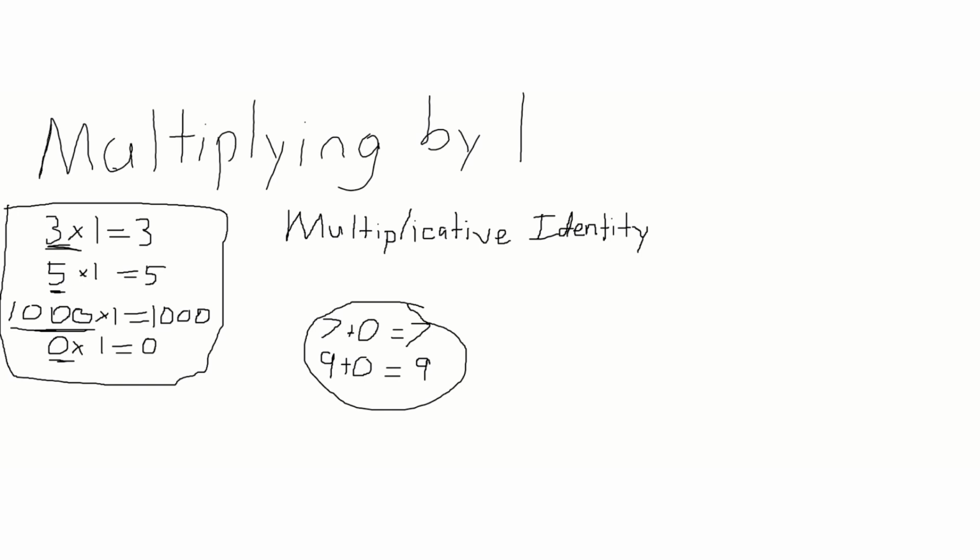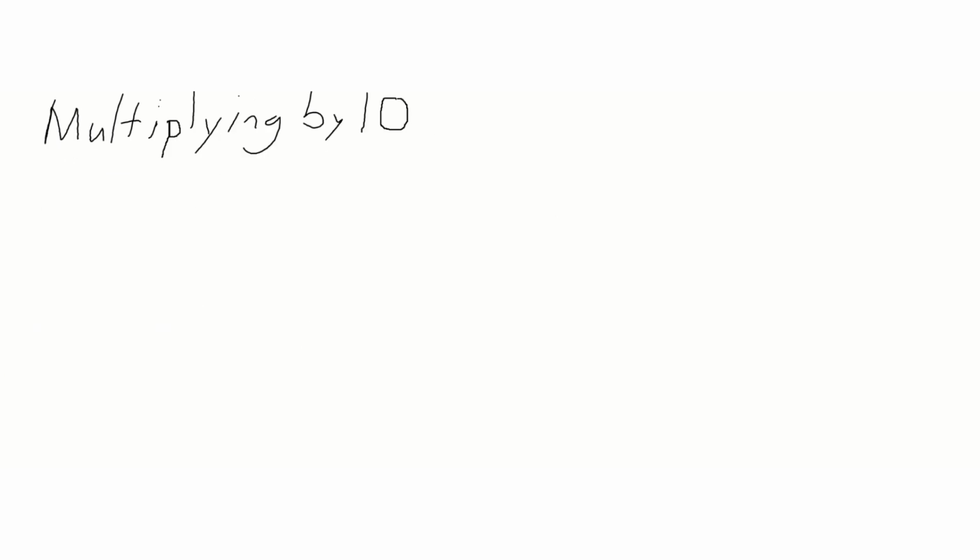Now let's skip ahead a bit to multiplying by 10. So when you multiply by 10, you'd be adding the same number together 10 times.